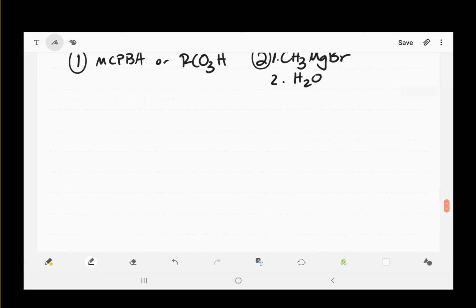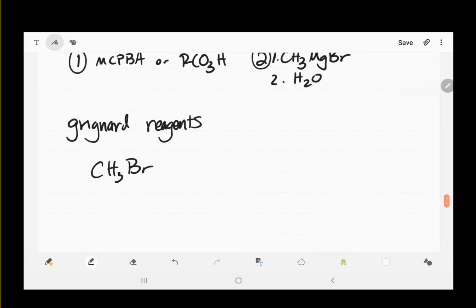So a Grignard reagent is going to be some sort of alkyl halide like this. I've got methyl bromide here, which, if we were to draw the Lewis structure, is something like this, right?